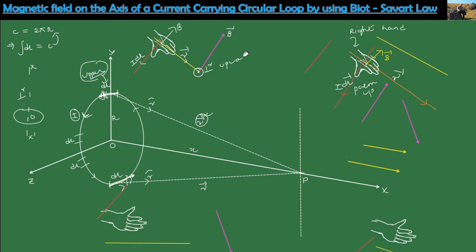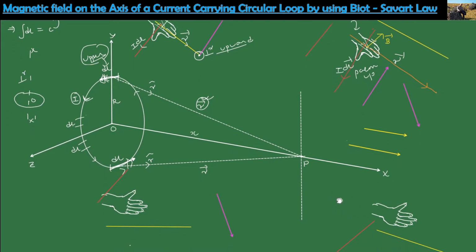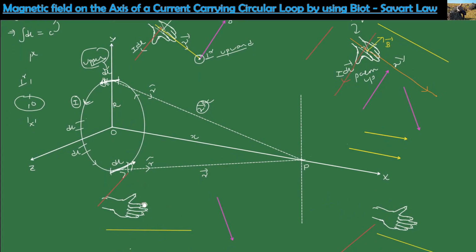The direction of B due to the upper element, or due to this upper part of the circular coil, or due to the upper circumference of the coil, or due to the semicircle, will be upwards. Then similarly for the lower part of the coil, the current element is in this direction.